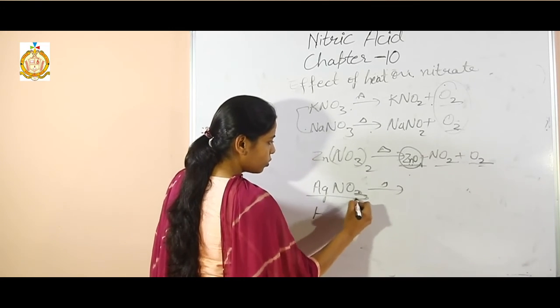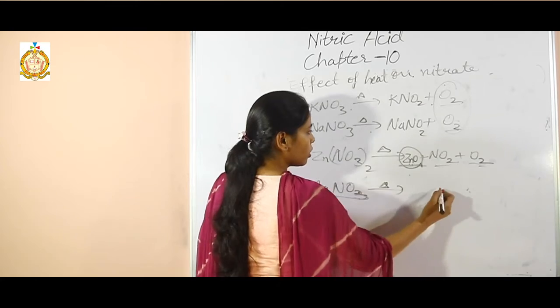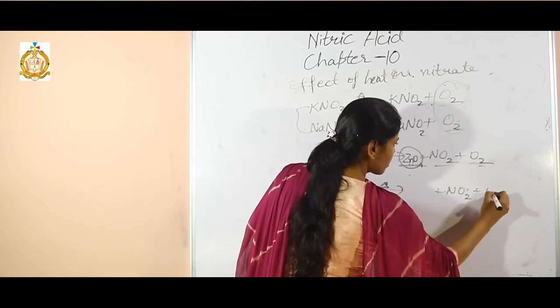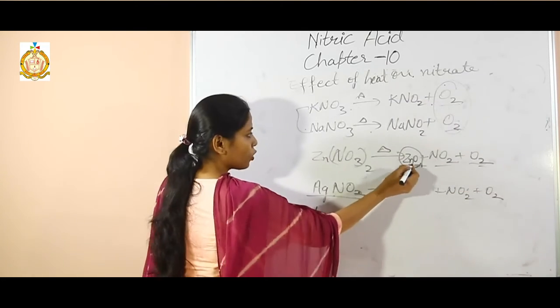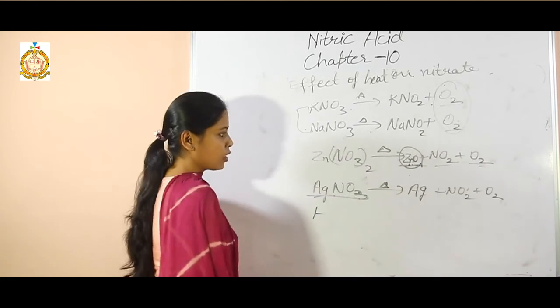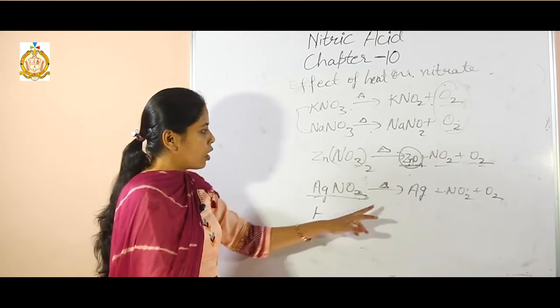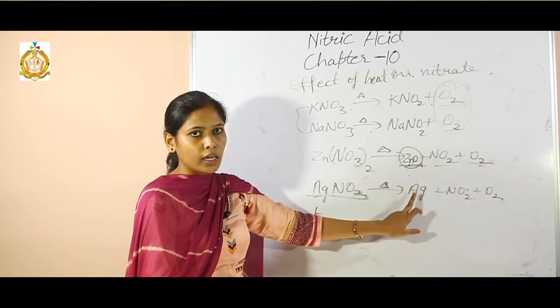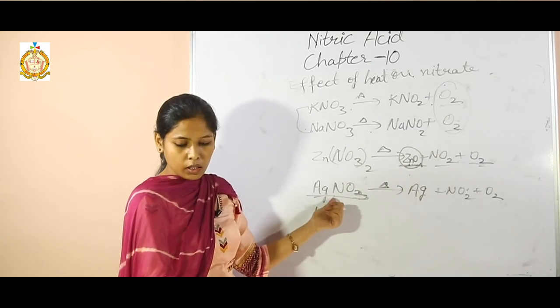So on heating, it will not give oxide, last two will be same. It will give metal, silver metal. And here the observation is silvery gray metal is left behind in the test tube on heating.